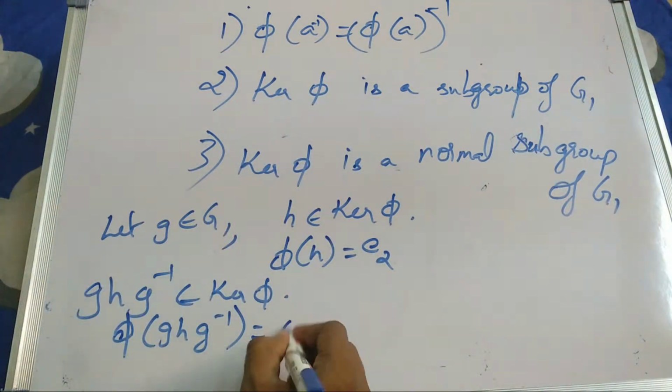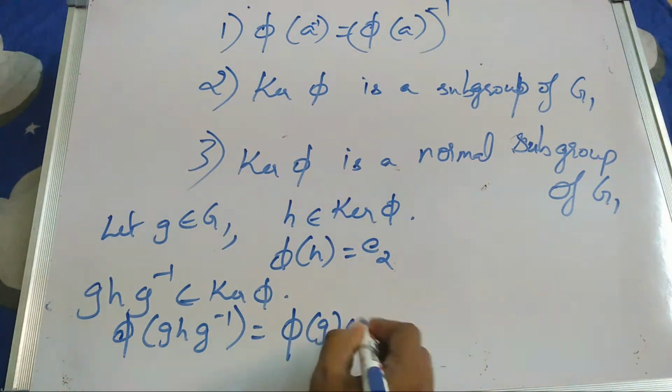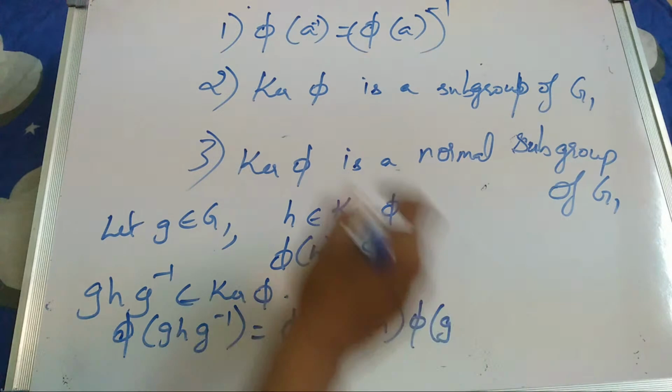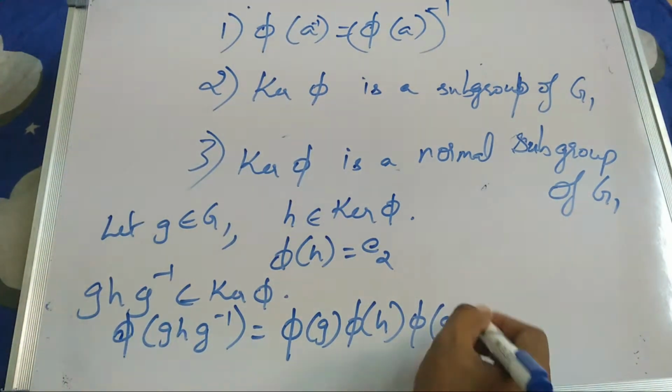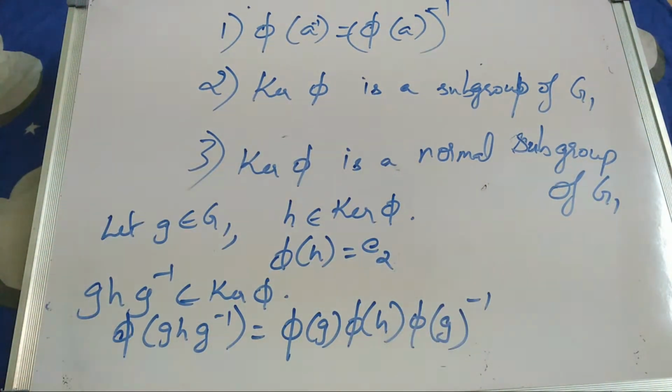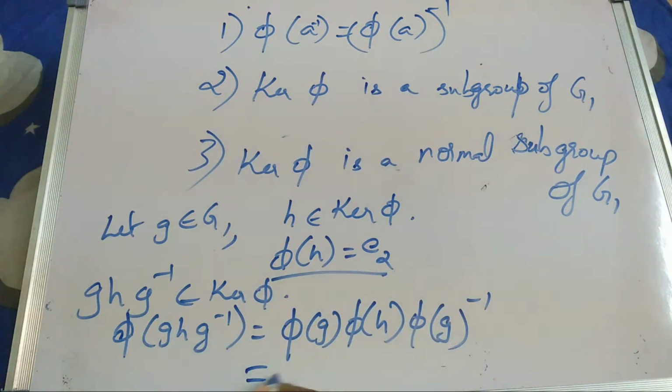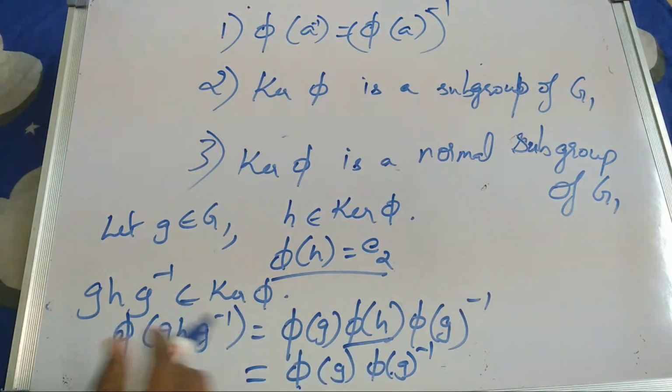Let us check what this is. By the homomorphism property, this is nothing but phi of g, phi of h, phi of g inverse. By the first fact, I can write this as phi of g, phi of h, phi of g the whole inverse. Now use this, we get this to be the identity. So it will be phi of g into phi of g the whole inverse. And these two are elements in G2, so one is the inverse of the other.